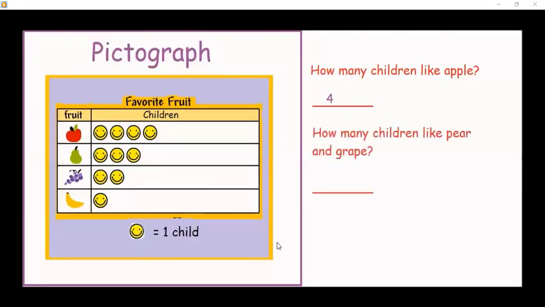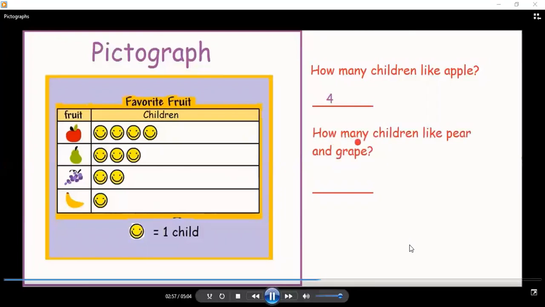So let's answer another question. How many children like pear and grape? So that is an addition, a plus. We're going to add pear and grape.